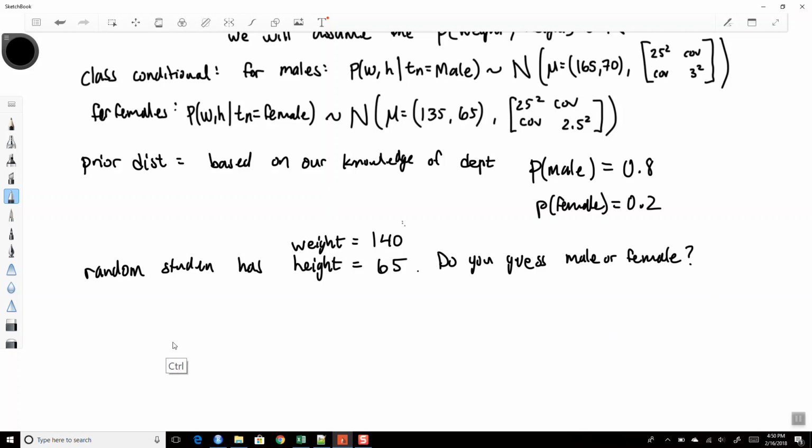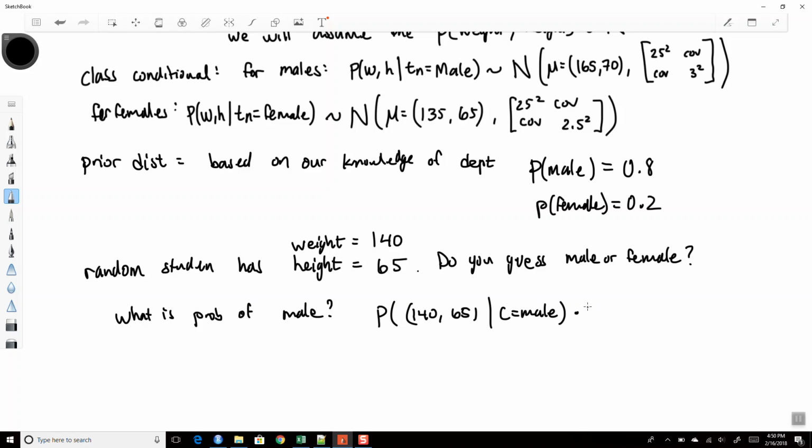So what we have to do is we say, okay, what is the probability of male? This will be the probability of getting the values 140 and 65 if class is equal to male, times the prior probability of being male.